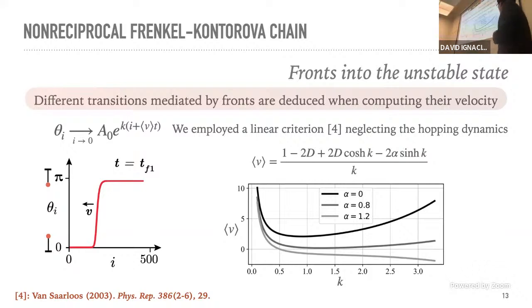Okay, so for example, in the case of alpha equal to 0, the point in which you minimize this curve will correspond to the average velocity of this front. Okay, this nonlinear wave. As you start to increase the non-reciprocity parameter, you can see that the minimum starts to get close to 0, and so this means that the velocity can reverse its sign.